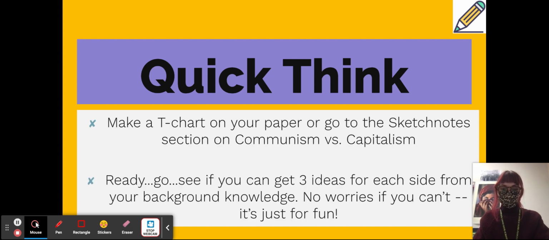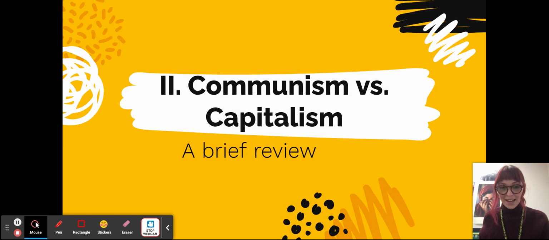So I want you all to take a minute and start by making a T-chart on your paper, or you can go back to the sketch note example that I created and use that for your inspiration. So your goal here is to get 3 ideas down from each side. And no worries if you can't, it's just for fun. Okay, so communism versus capitalism.